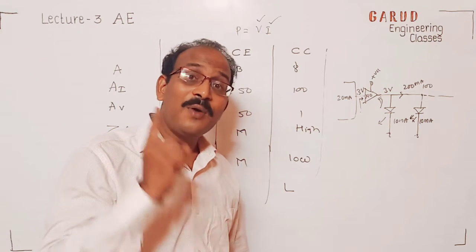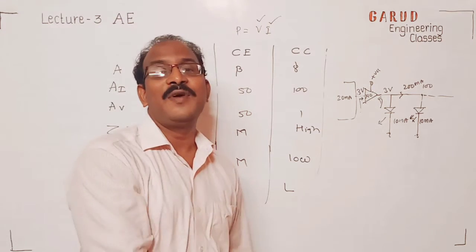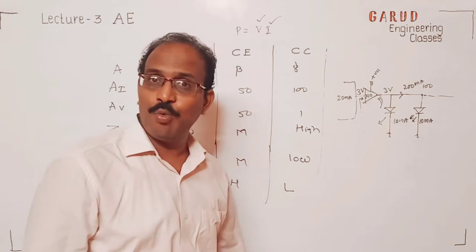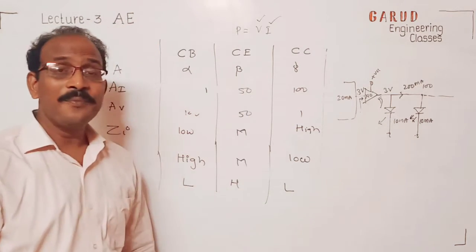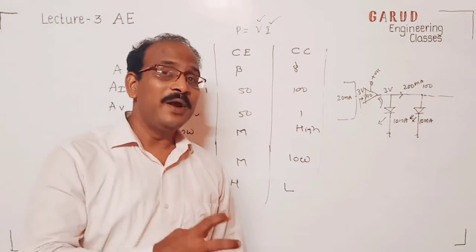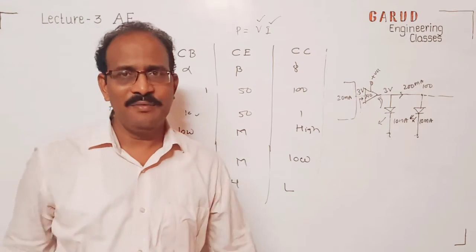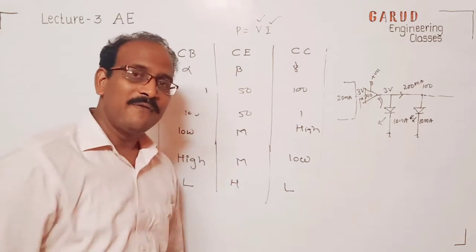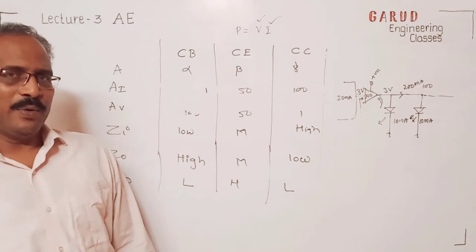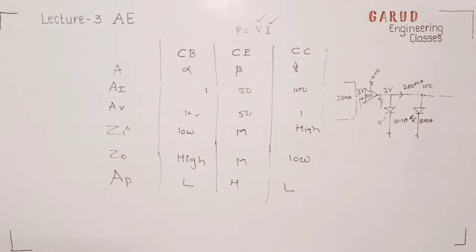That's why common emitter is used as an amplifier. We want a power amplifier; we want work done. That's why common emitter is always used for any configuration for amplification. Everywhere we say common emitter, common emitter, common emitter. Why? Because common emitter gives excellent power.